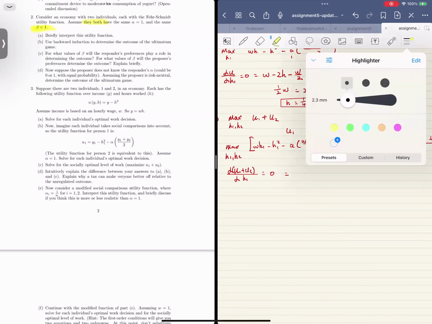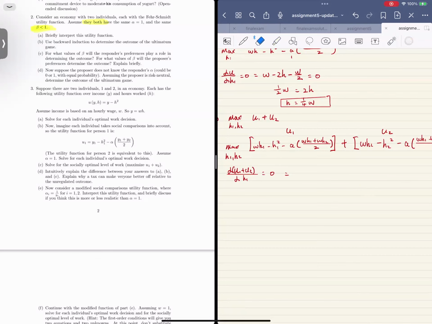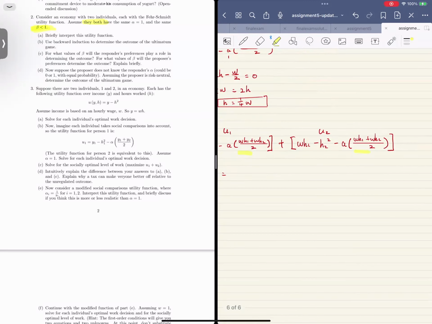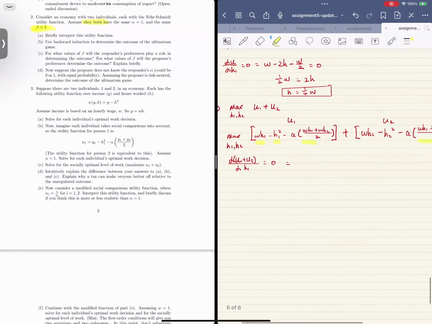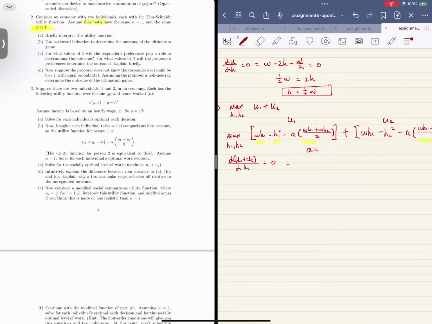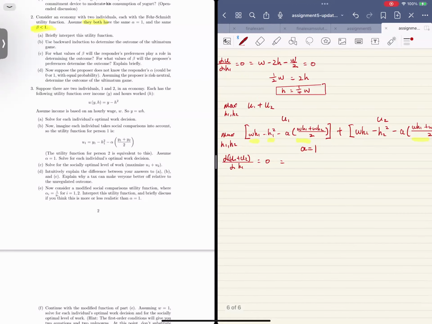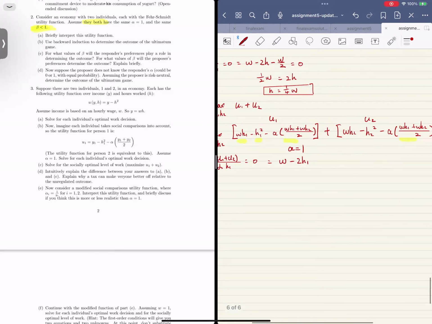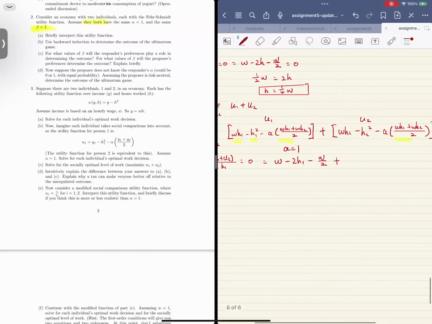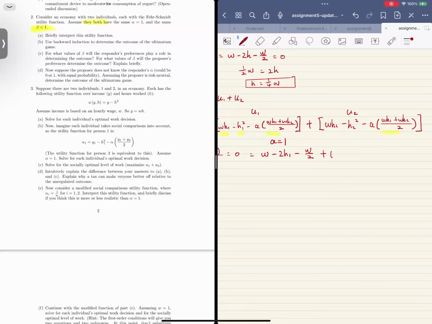Here we need to be careful, just like in macro: what are we taking the derivative of what? This is W1, here's a W1, and here is another W1. Taking a equals 1, we have w minus 2h1 minus w over 2 minus w over 2.